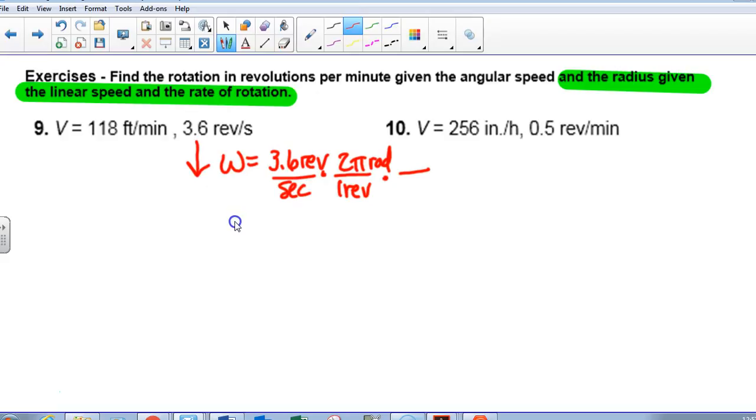What should we use for our common units, maybe? Minutes? Because we want to divide it into this minutes, right? So I'm going to change this seconds to minutes.